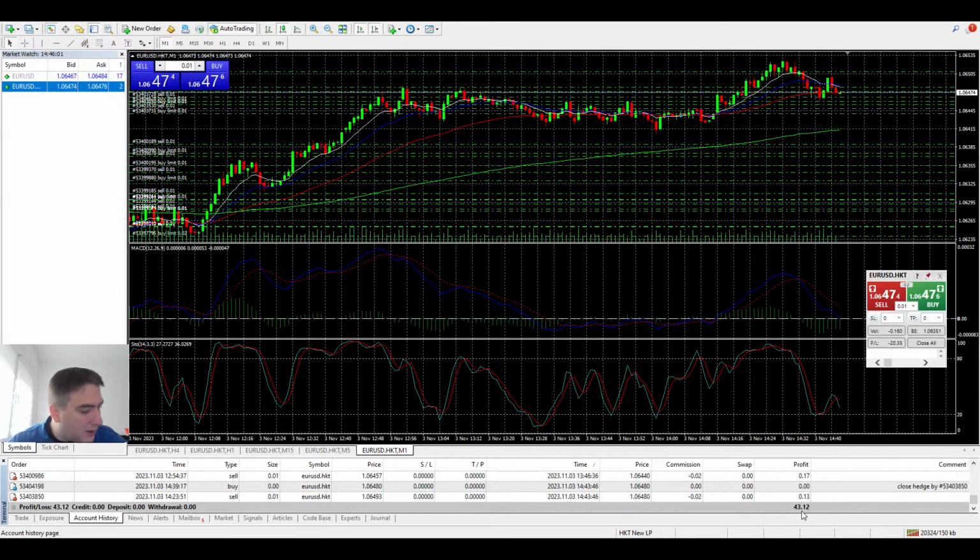If I take the $221 minus 43, this is a $178 starting point. 43 divided by 178 is 0.24, which is equal to 24% profit for the week.